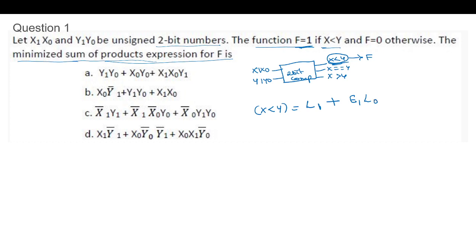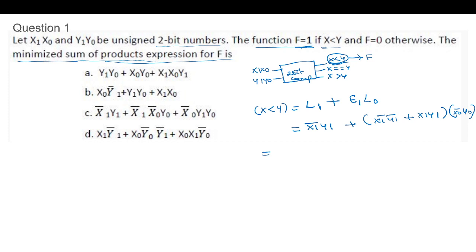So here with two bits, L0 will be the LSB and L1 the MSB. So we know the equation for L1. It is x1 bar y1 plus E1 times L0, that is x1 bar y1 plus, E1 being x1 XNOR y1, times x0 bar y0.